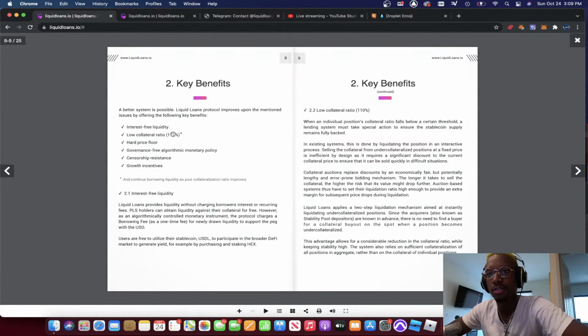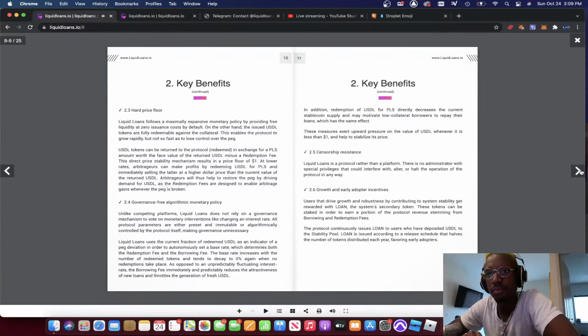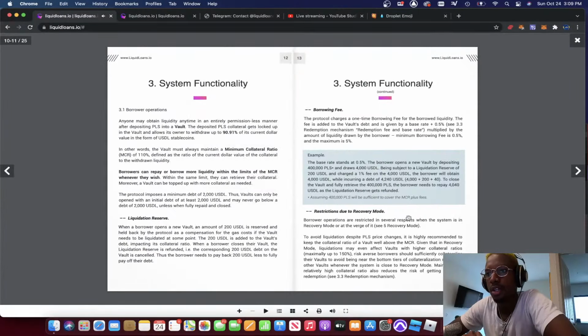Key benefits: interest-free, low collateral ratio, hard price floor, governance fee, interest-free liquidity. So the system functionality: anyone may obtain liquidity anytime in an entirely permissionless manner after depositing PLS into a vault.